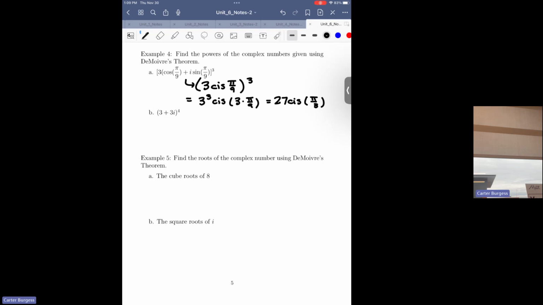I mean, you could, if you wanted to, find what r is, find what theta is again, but why do that one? We already did that one yesterday. So we found that yesterday. So this was our theta. And then this was our r.